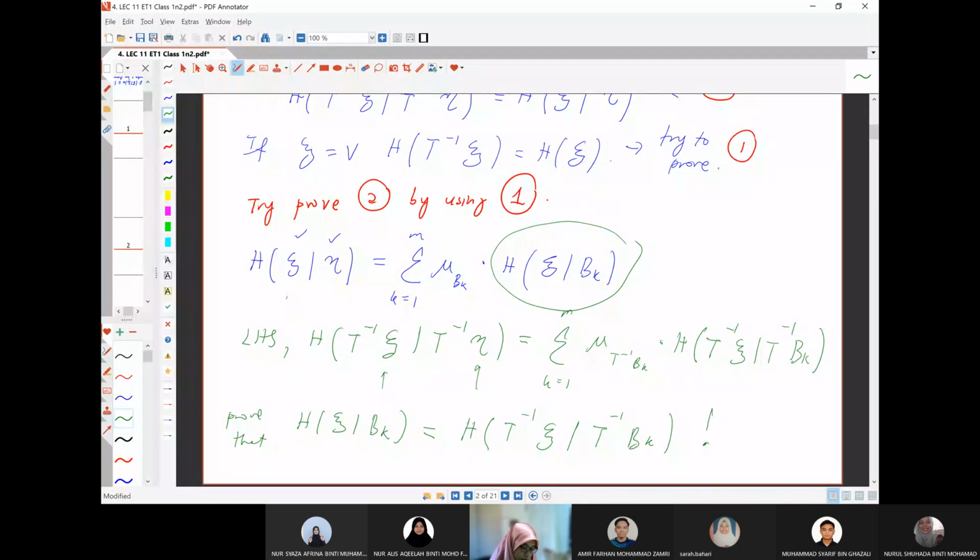You can use this important information since T is a measure preserving transformation, then you can show that they are the same. So what about the measure here? What do you know for a measure preserving transformation? Mu of T inverse B_k is equal to what? Mu B_k. So you have all the information. Now you can try to rewrite it to show that the left hand side is equal to the right hand side.